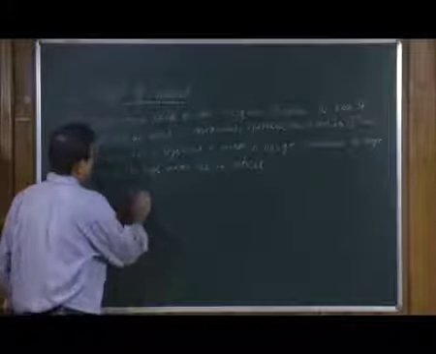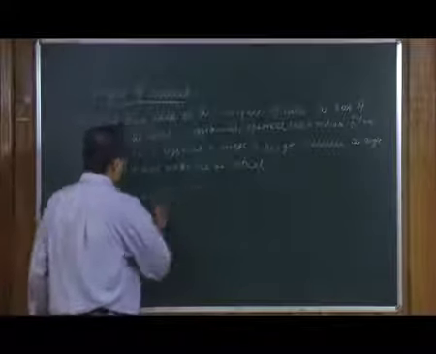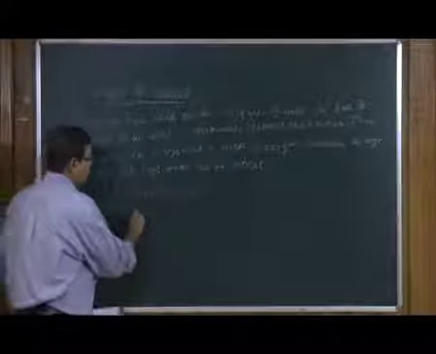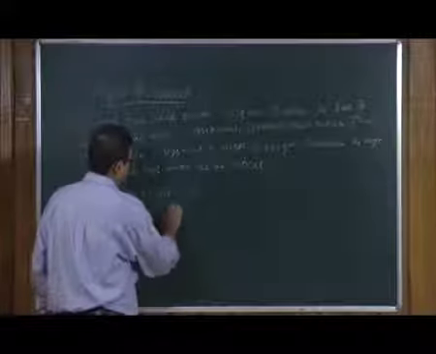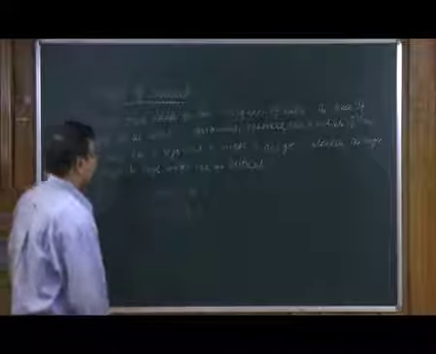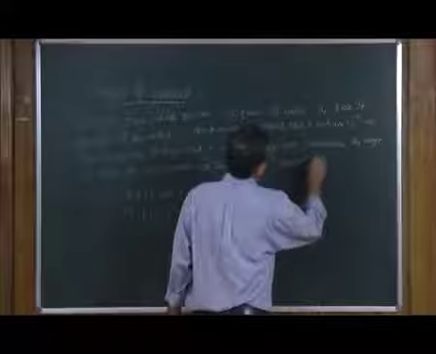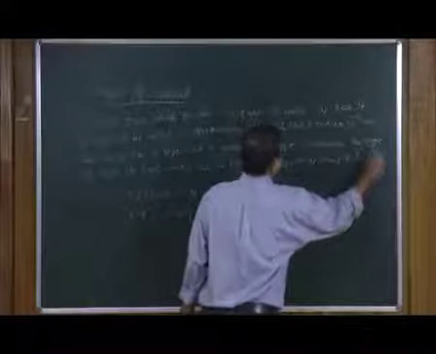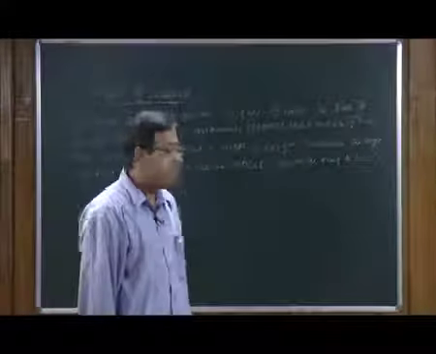So, we know that 2 pi r S cosine theta is equal to W. 2 pi is 3.14, we will take a simpler value, so 2 pi becomes 6.28, and r is 10⁻⁴ meter. Now, the surface tension of water. It is given that we assume the temperature to be 20 degrees centigrade, which means you have to take the value of the surface tension of water at 20 degrees centigrade.